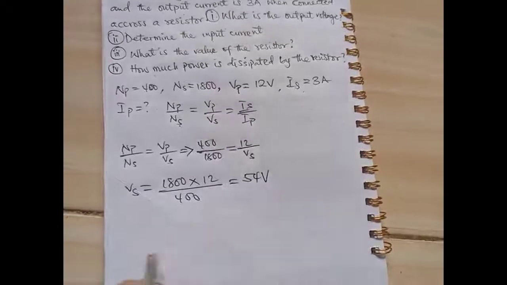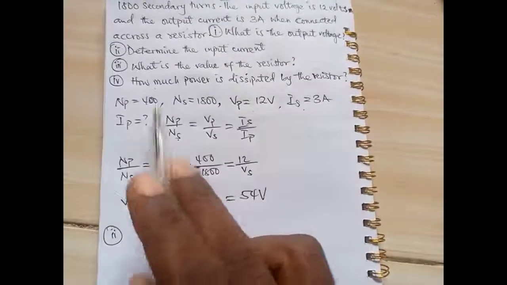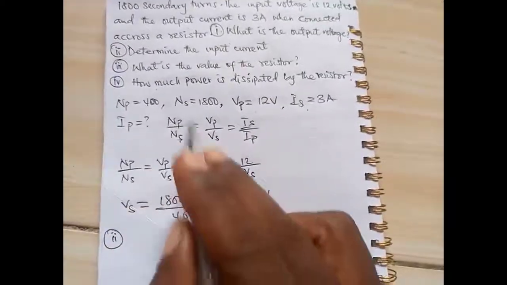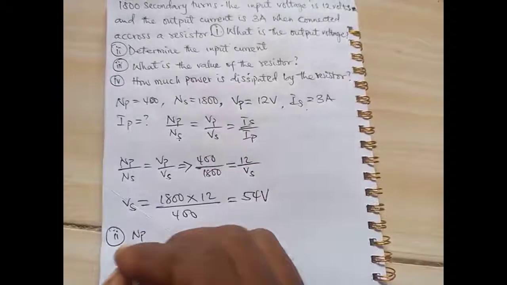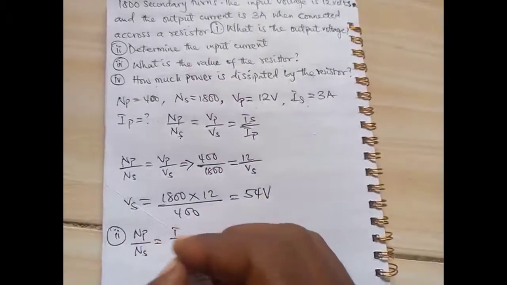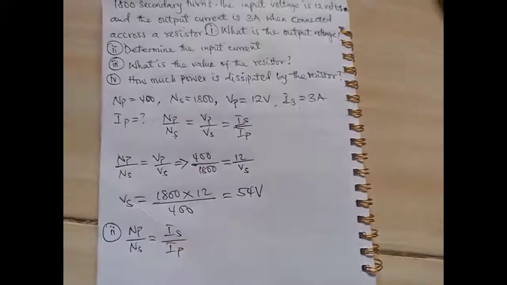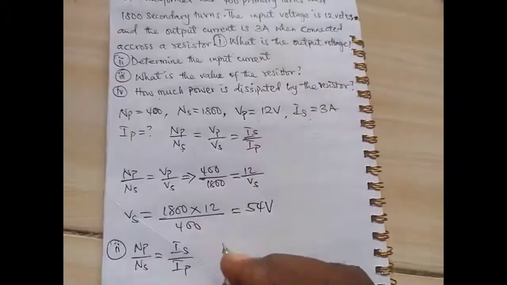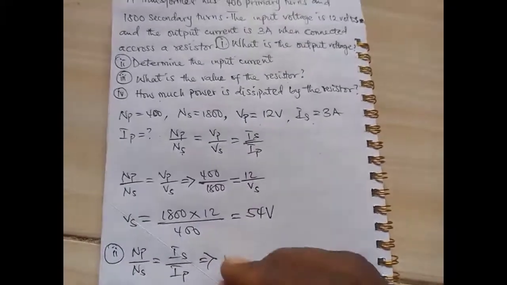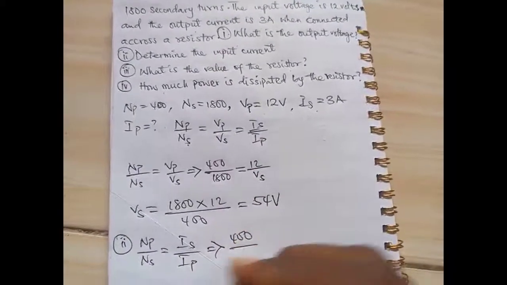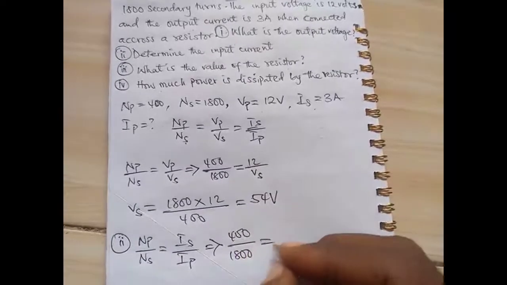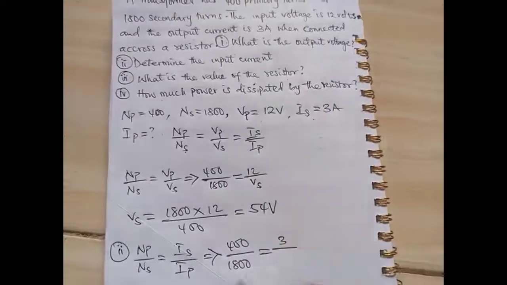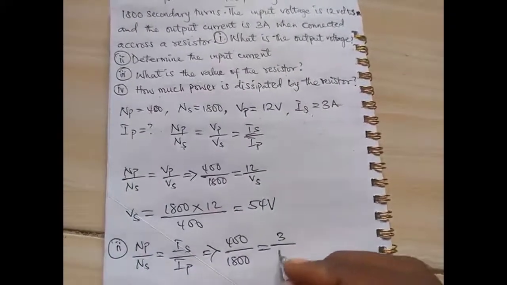Now the second one says we should determine the input current, which is the primary current. We can pick here and say Np over Ns is equal to Is over Ip. Depending on the parameter given to you in the question, if we fix the values, our Np is 400 over our Ns is 1800, equal to our Is, which is 3, over our Ip, which we don't know.